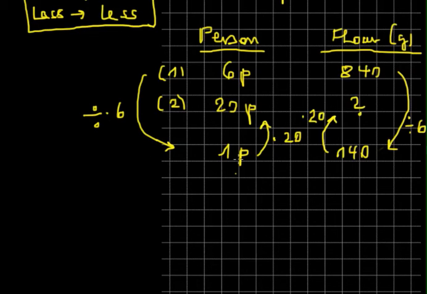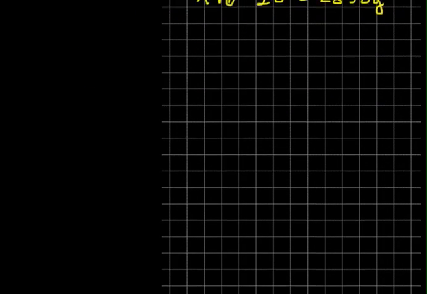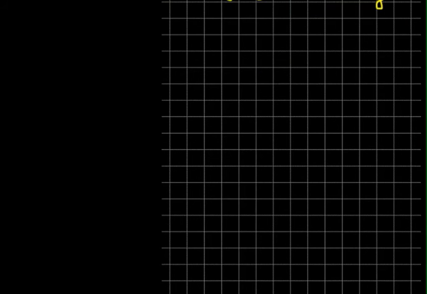This is, in this case, 140 grams times 20, which is 2,800 grams of flour. Now, often you're in a kitchen, you don't have paper with you, you don't want to do all this detailed writing, and I give you a formula which you can use whenever you've got these problems.